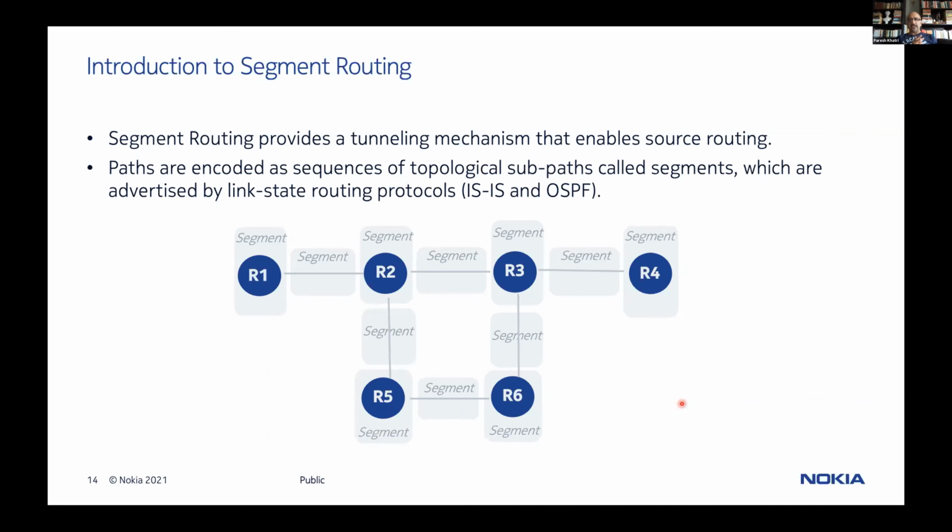Let's take a look at this very simple network. What I've done here is I've labeled each of the elements that are of topological interest with this thing called a segment. And this is something that's actually key to understanding. When we are talking about traffic engineering in a network, we normally have two things to work with.